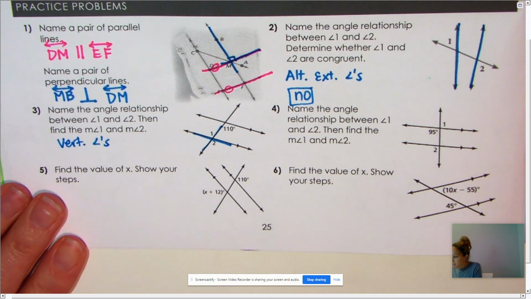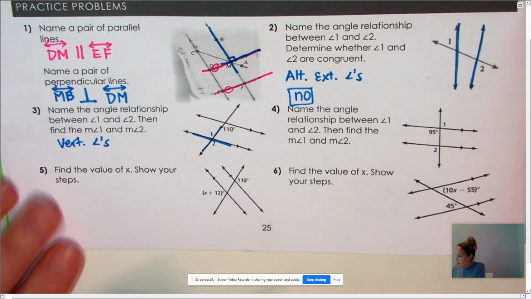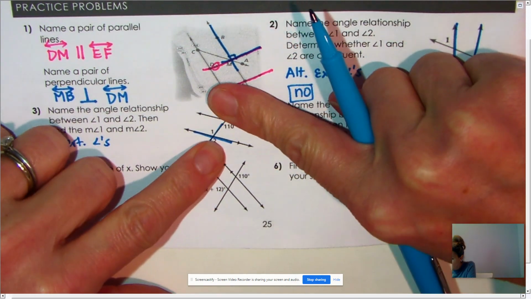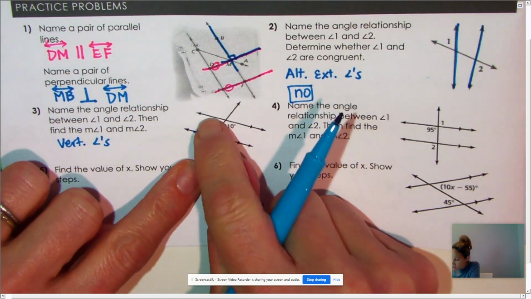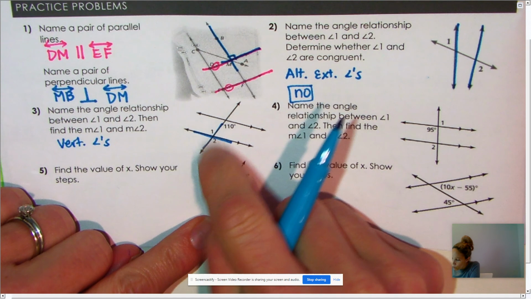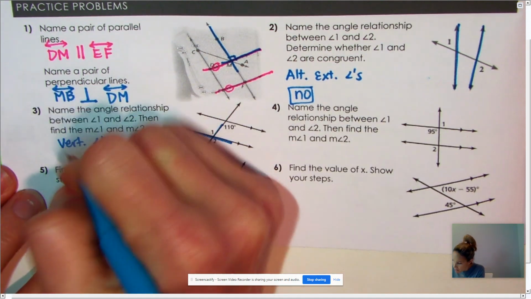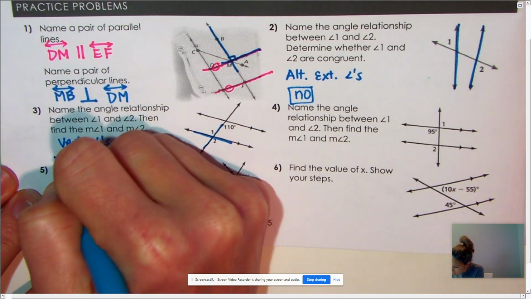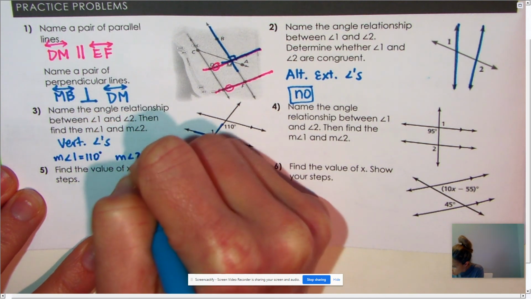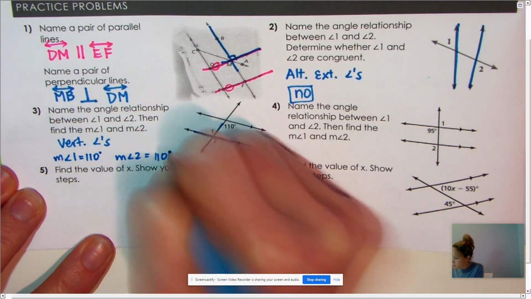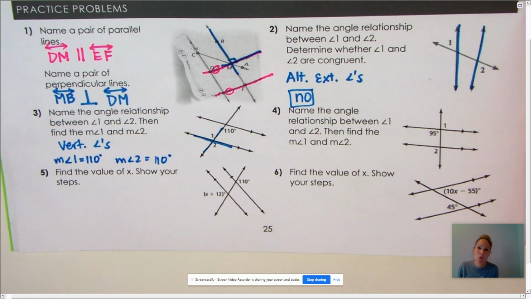And then to find the measure of them, well, I know that 1 and 110 are alternate interior, which are equal. So I know 1 has to be 110. Well, if 1 is 110, then 2 would also have to be 110. So the way we write that is measure of angle 1 equals 110 degrees, and the measure of angle 2 equals 110 degrees.